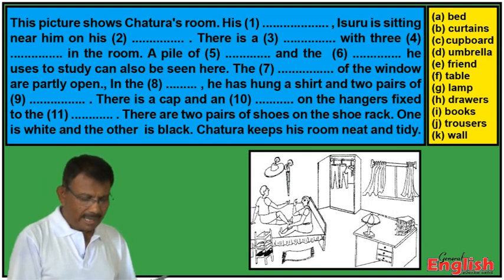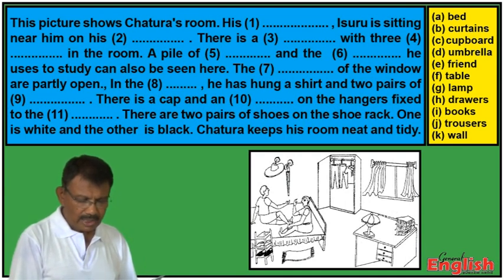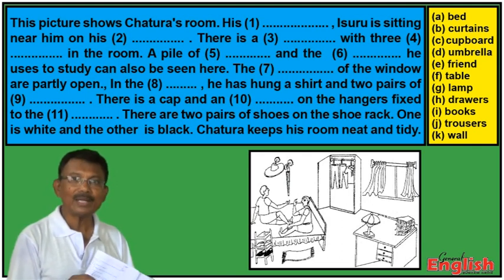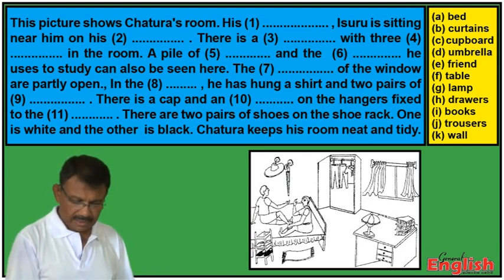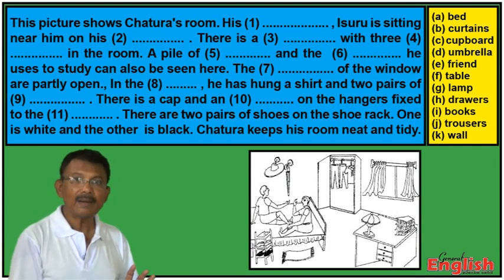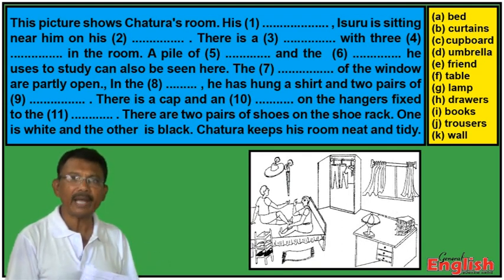Then a pile of blank, and the blank he uses to study can also be seen here. Now let's try to fill these 2 blanks. Listen carefully. A pile of blanks. If there is a number of things together, we call it a pile.